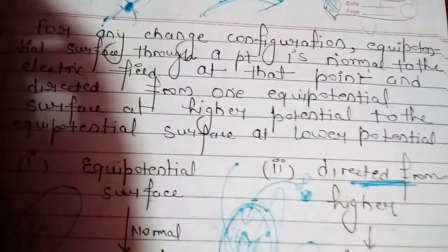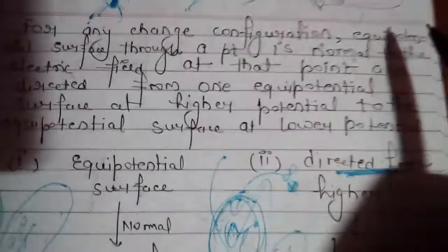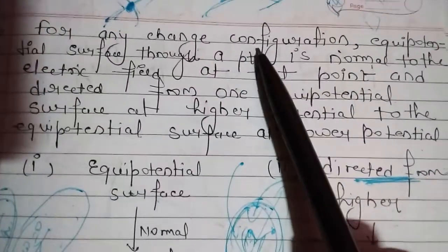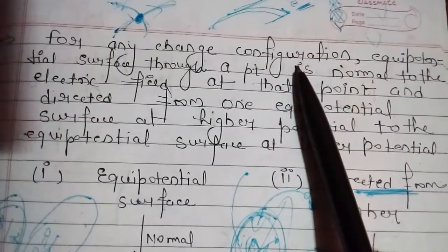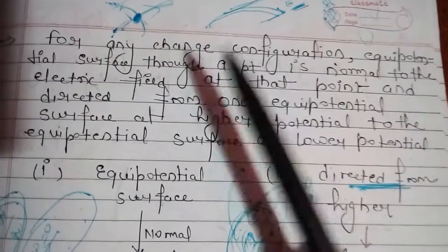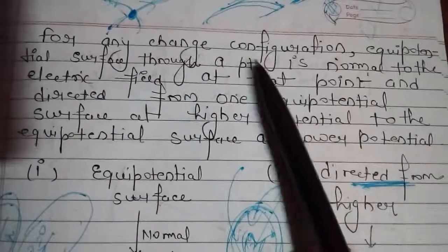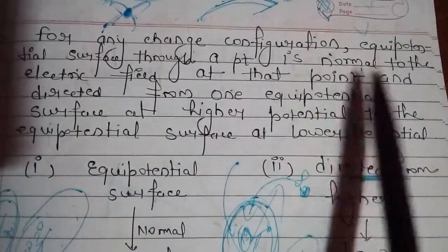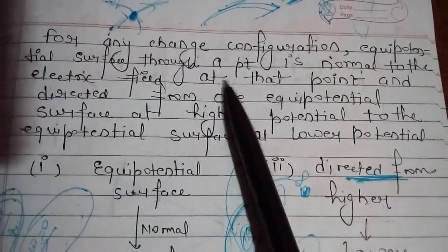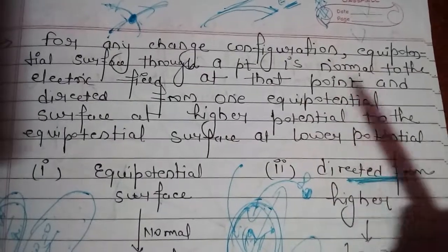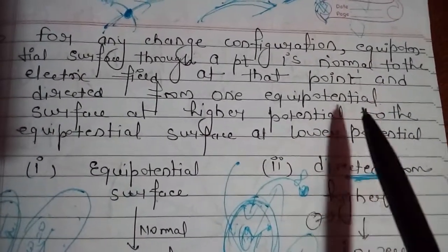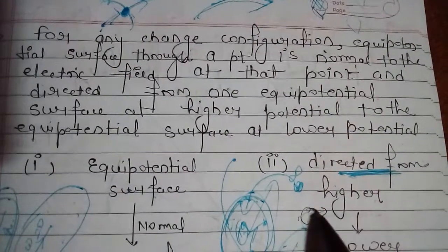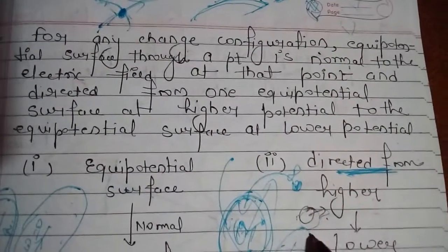Now our third property of equipotential surface: for any charge configuration, the equipotential surface through a point is normal to the electric field at that point. Suppose the charges are not linear and not a point charge; still, for any charge configuration the equipotential surface is normal to the electric field. Suppose this is your equipotential surface and this is the direction of the electric field.